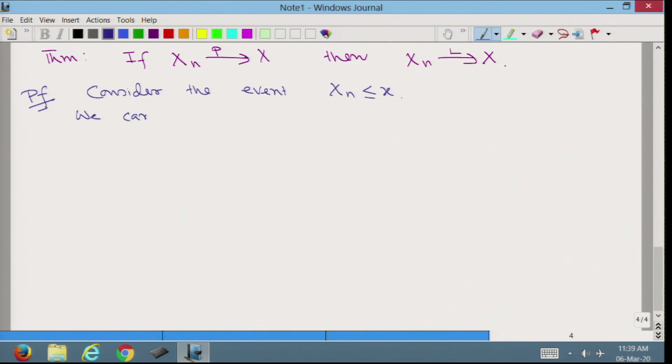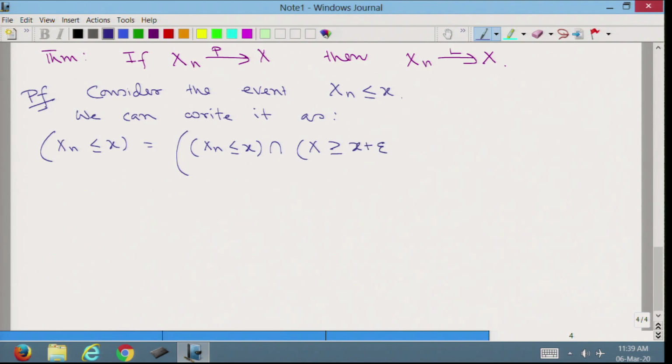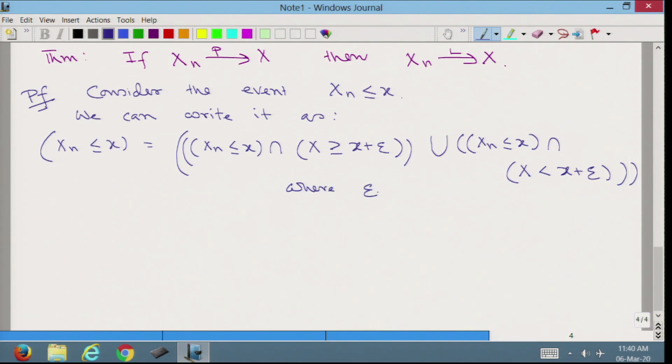Now, we can write it as the union of two disjoint events: x n less than equal to x and x greater than equal to x plus epsilon, union x n less than equal to x and x less than x plus epsilon, where epsilon greater than 0. That is, it is a small quantity.